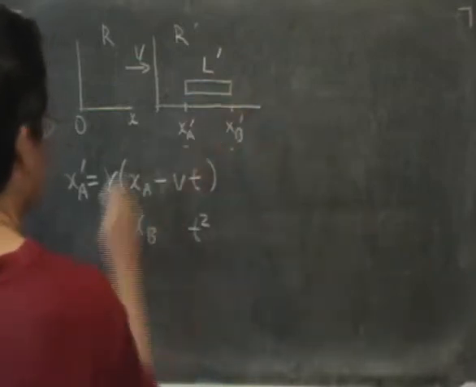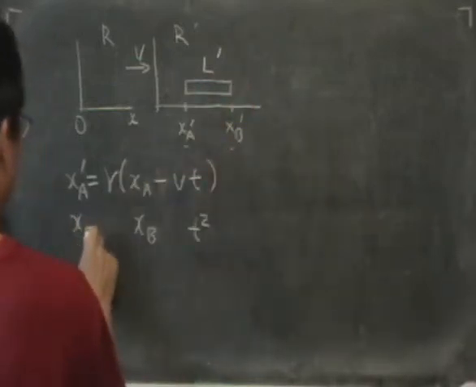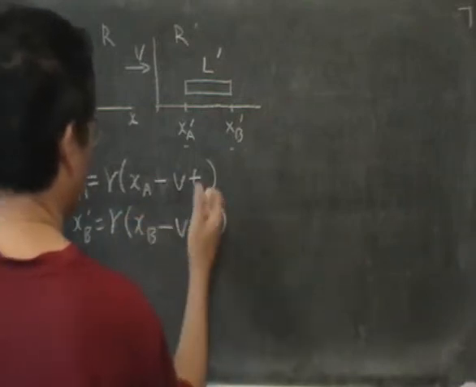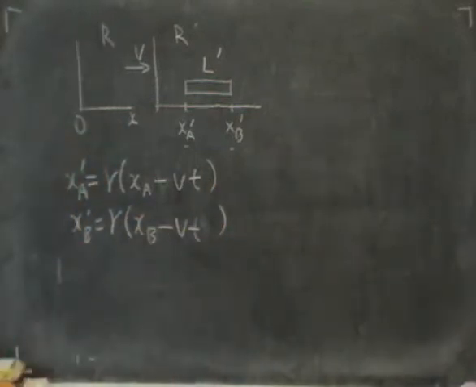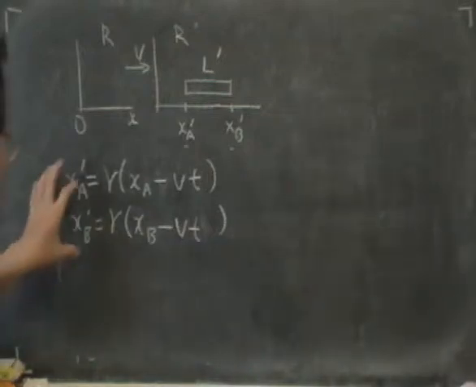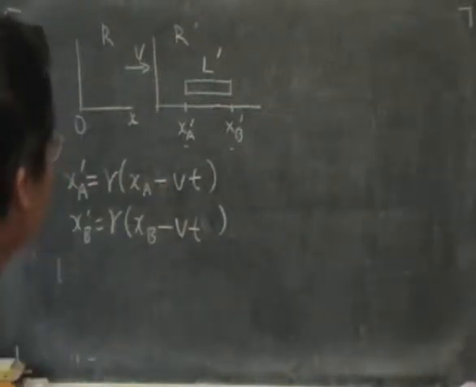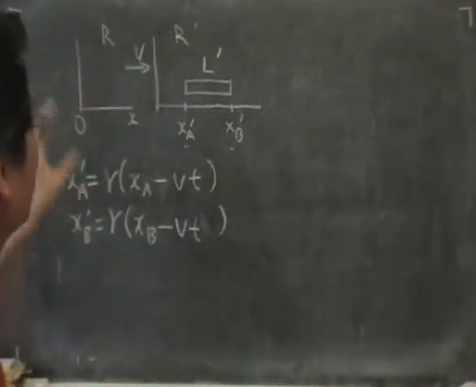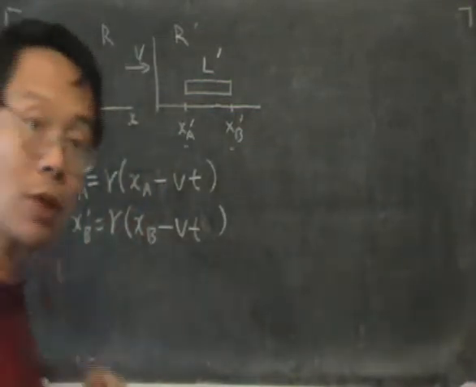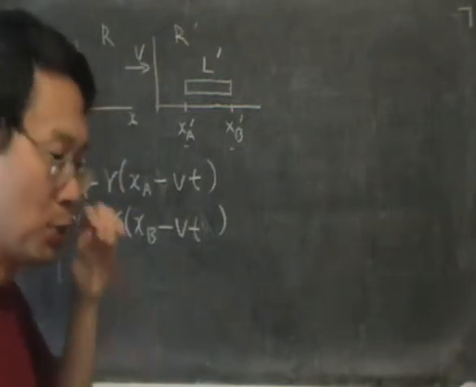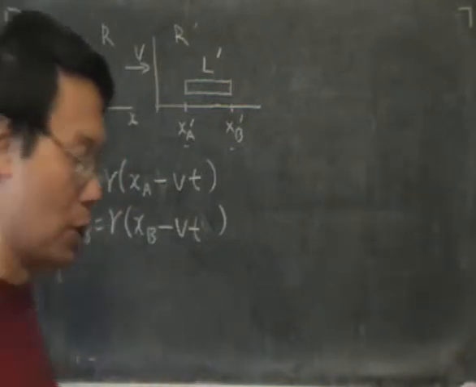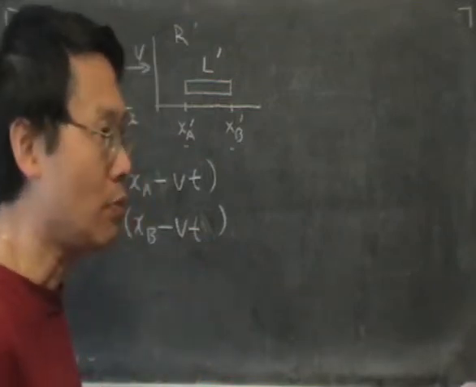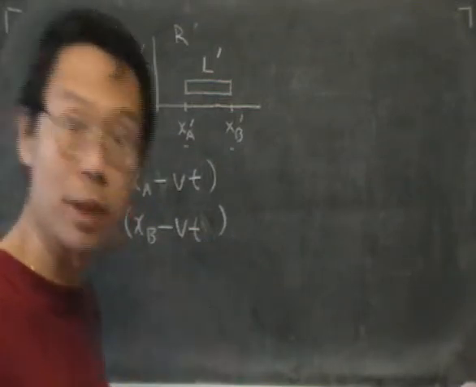Likewise, the other end of the ruler, xb prime, is equal to this, a similar equation. So with this relation, we can now find the length measured by this observer. That's what we are interested in. We want to know whether the same ruler, when measured by a moving observer, would be different.